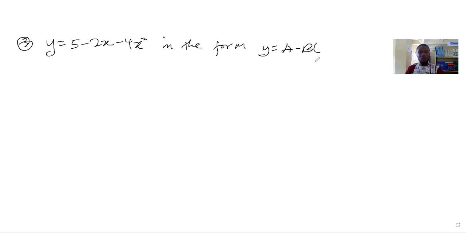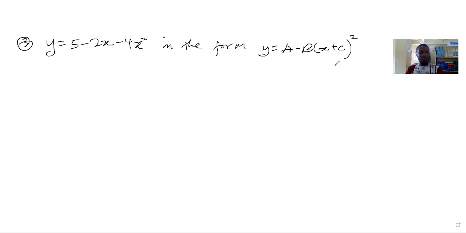Express y equals 5 minus 2x minus 4x squared in the form y equals a minus b bracket open x plus c all squared, where a, b, and c are constant.